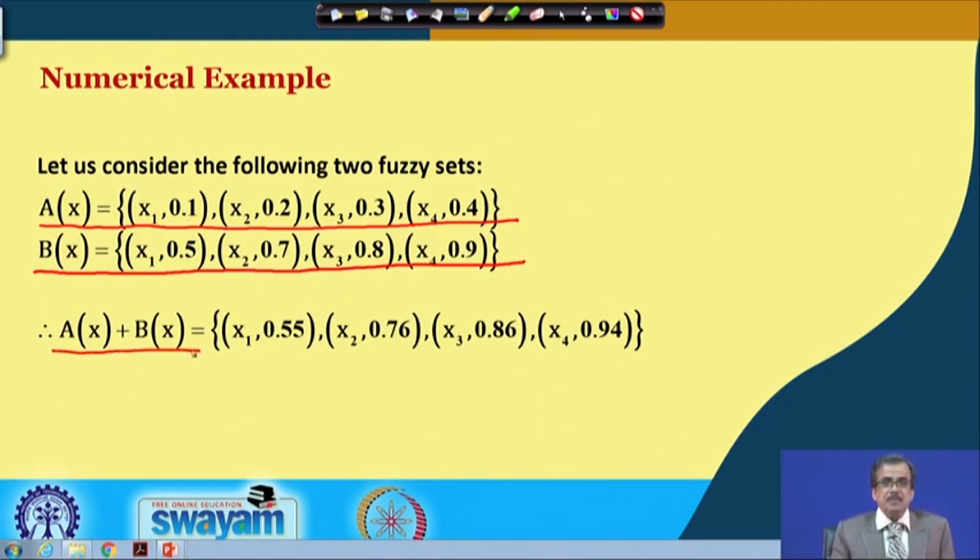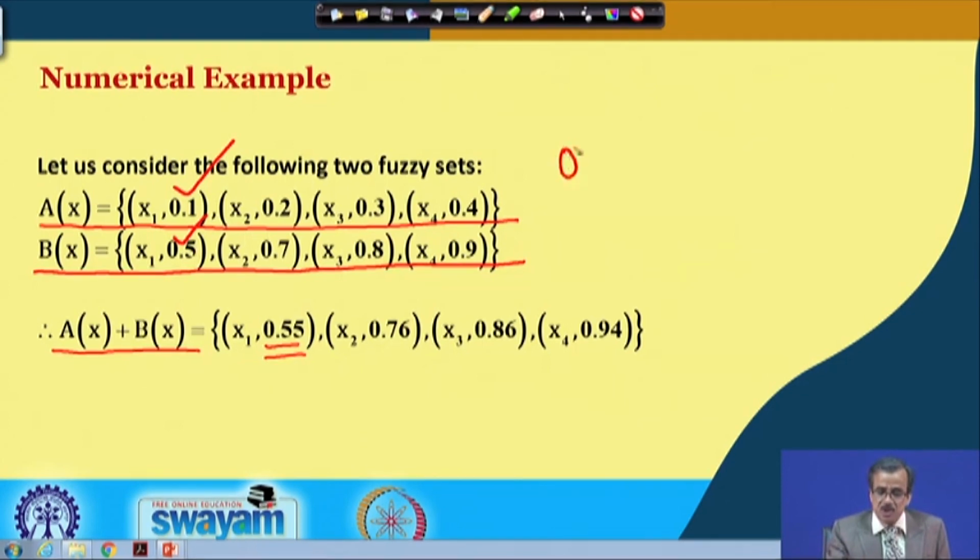Now, as I told, to find out the membership value corresponding to x1, you will have to add this membership function value to this membership function value, and then subtract this multiplied by this.